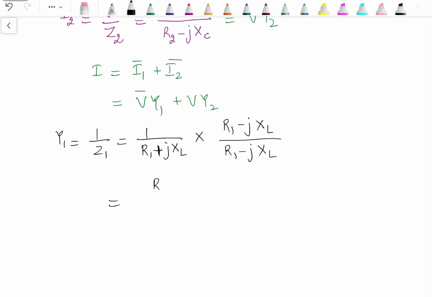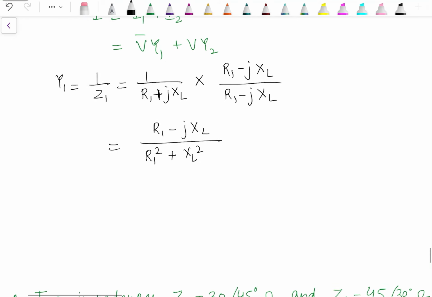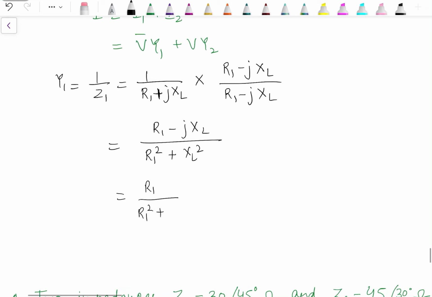So it will become R1 minus jXL upon R1 square plus XL square, which will be equal to R1 upon R1 square plus XL square minus jXL upon R1 square plus XL square.